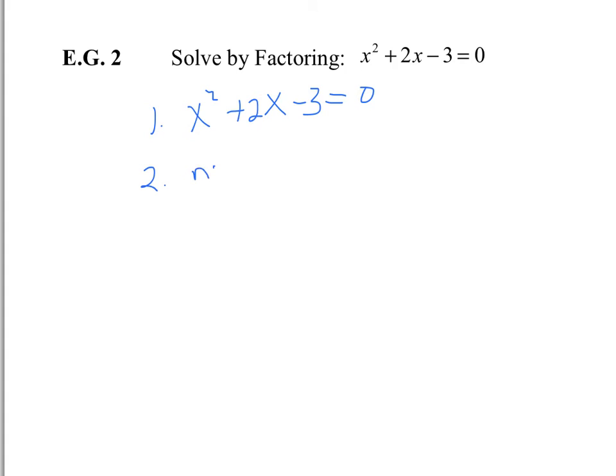There are no GCFs, but I can certainly reverse the FOIL here because it's a trinomial. So x squared gets factored into x and x. And then I need 2 factors that multiply to make -3 and add to 2. That would be +3 and -1.